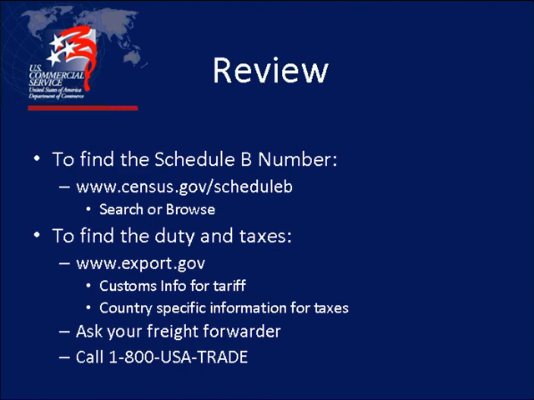Okay, and then the next step, while you're attempting to find the harmonized code number, you will find it most readily by using the Schedule B search number at the Census.gov website, and use the search or the browse function. They'll work equally well.